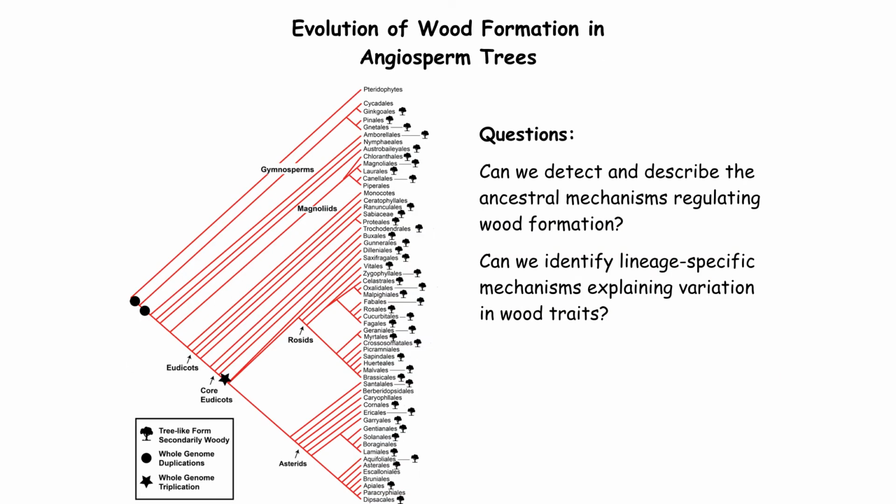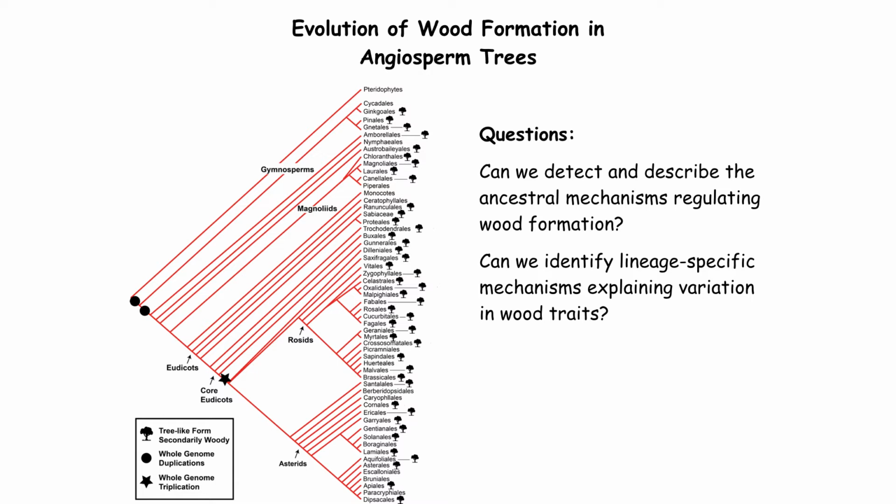So this is a close-up now of an angiosperm phylogeny. As I mentioned, the ancestral state is thought to be similar to the extant Amborella, which is basically a small woody tree or bush. Now, each angiosperm order within this phylogeny that has a little tree symbol contains one or more trees.